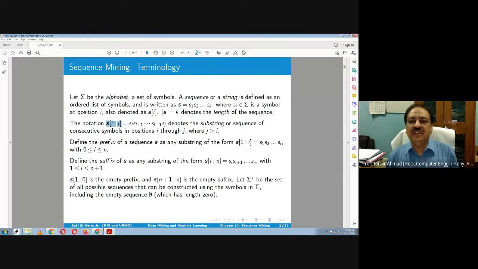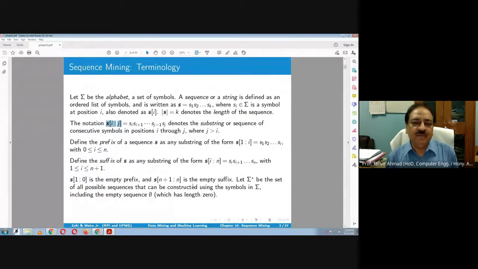This is the substring, or the sequence of symbols from position i to j, where j is always bigger than i, because j comes after i. For example, if I take the symbols A, B, C, D, E, Si is A and Sj is E, and j is bigger than i because j equals 5 and i equals 1.